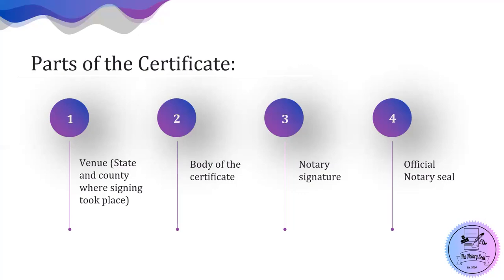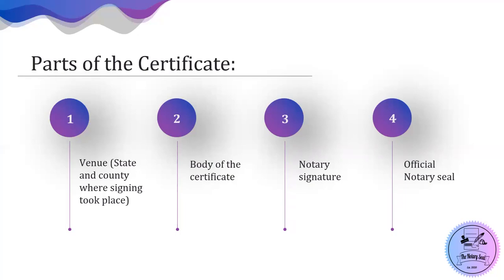Sometimes you have to fill out the date and so forth. Sometimes it's pre-filled. It really varies between documents, but no matter what, it should have a body. The third thing it must have is the notary's signature to be a valid certificate. The notary must sign that document.